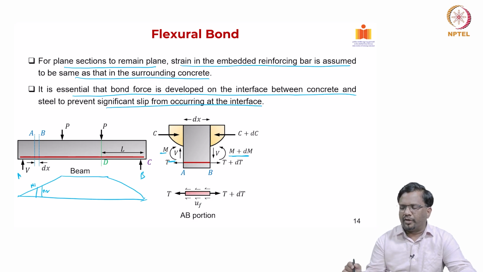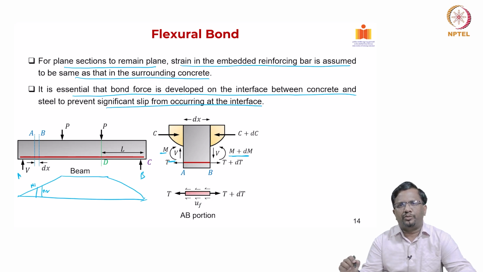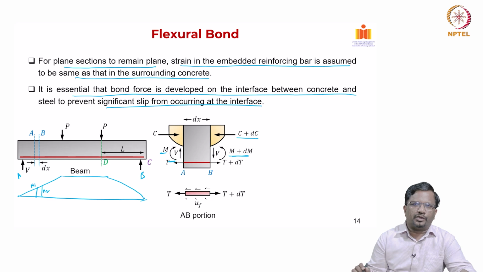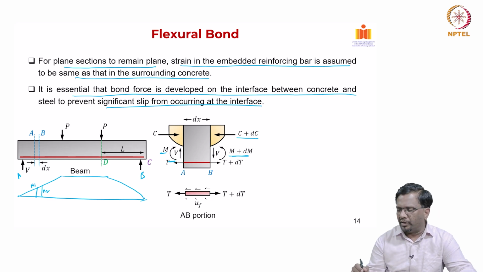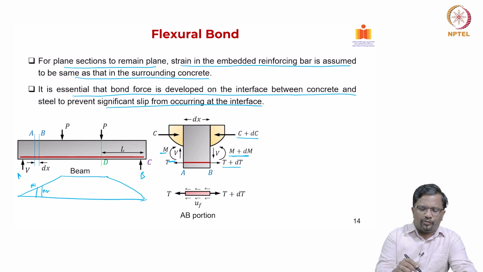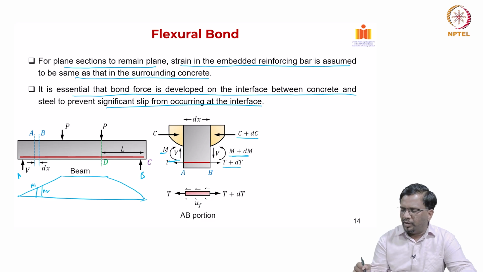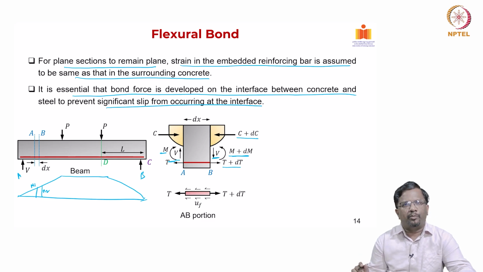Similarly, on the right side the moment has increased from M to M plus dM, so the compression force has to increase to C plus dC and the tension force to T plus dT. Note that the shear force in this region A and B is always constant for this particular loading configuration. That is why the shear on the left and right side is the same, only the directions will be different.